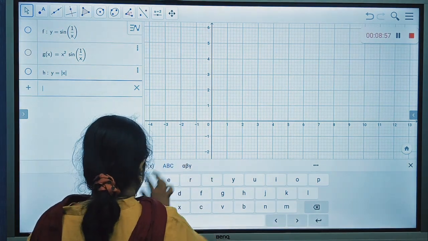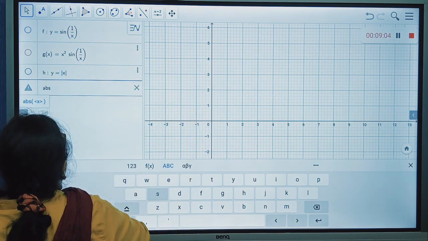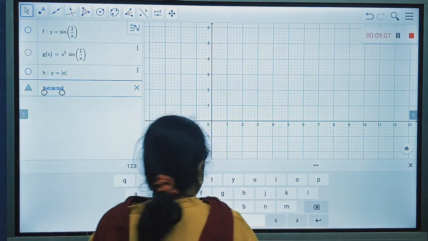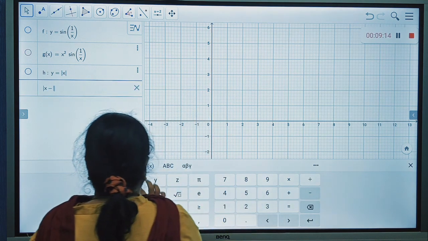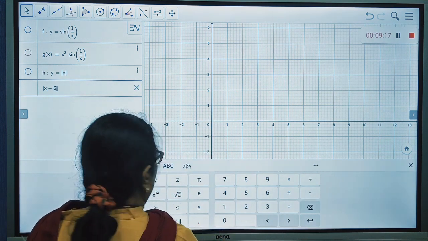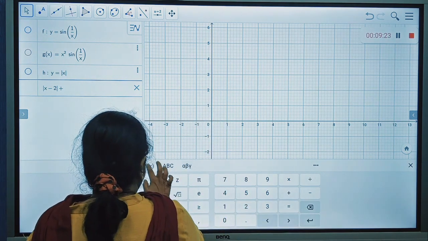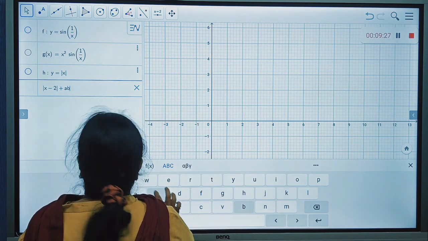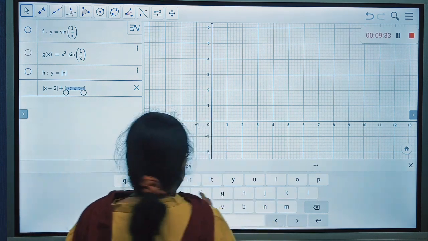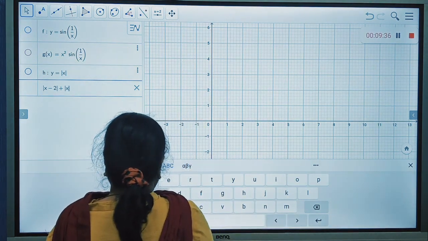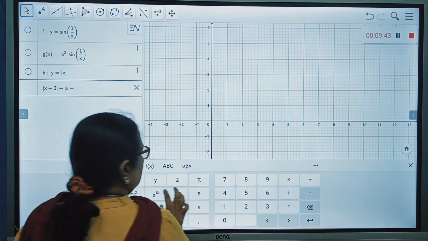I am going to type absolute value of x minus 2, then add a plus sign, and then absolute value of x minus 3.